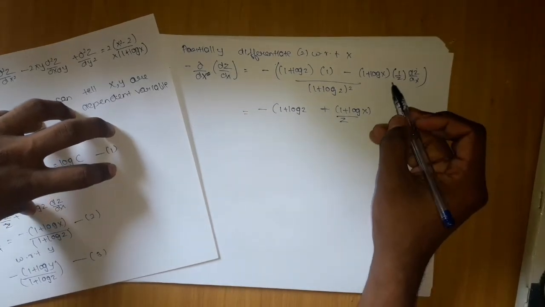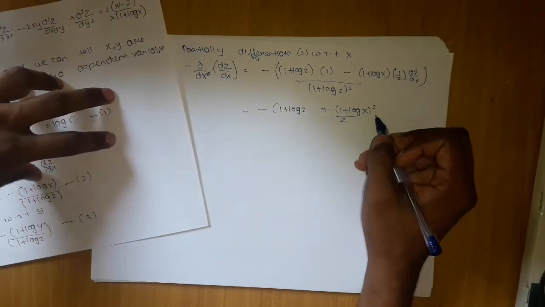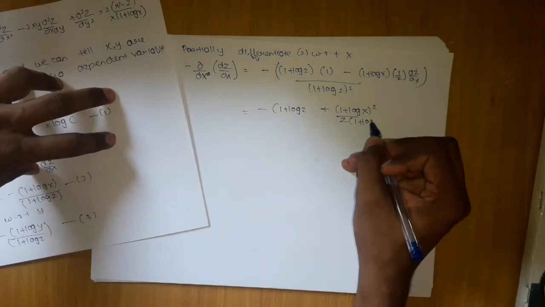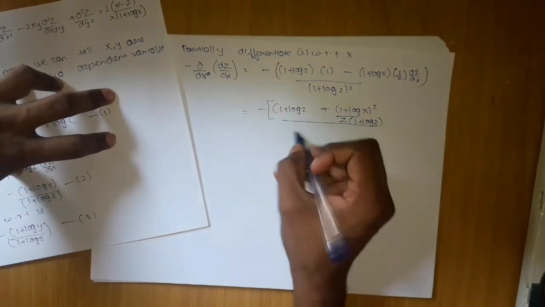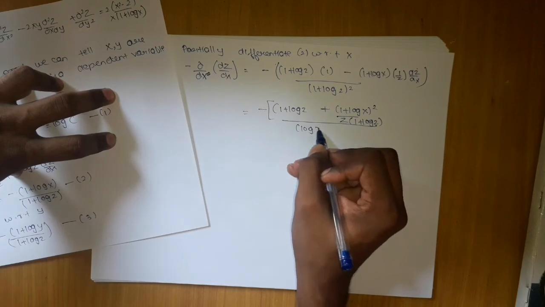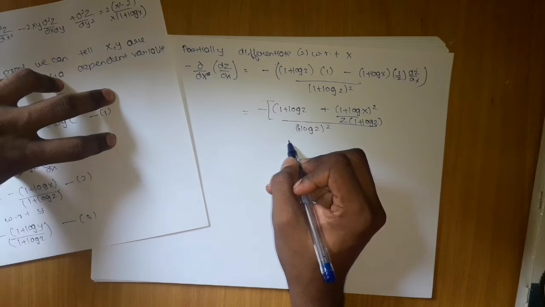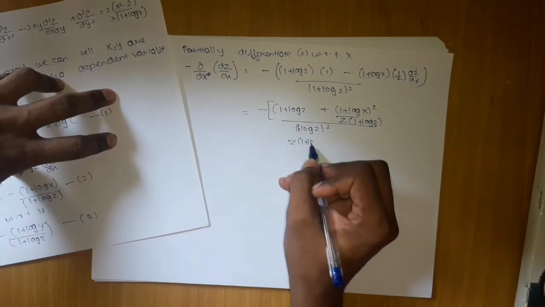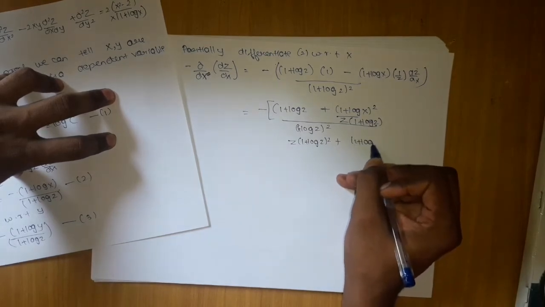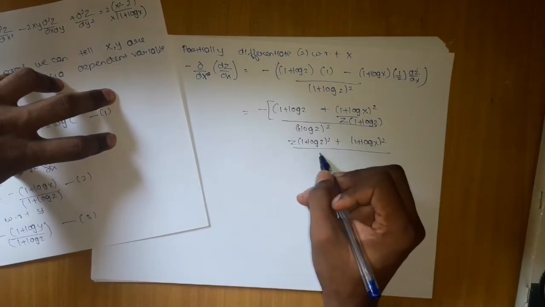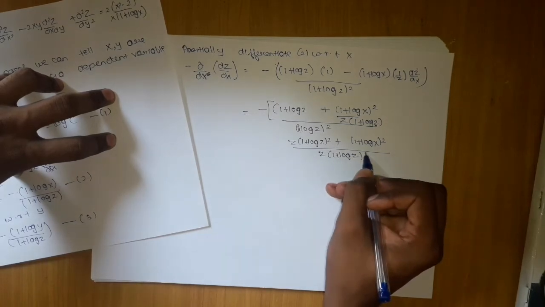Dou z by dou x is nothing but 1 plus log x the whole square into 1 plus log z, which will indirectly give me a hint what I am to do. 1 plus log z the whole square. If I cross multiply, I am going to get z into 1 plus log z the whole square plus 1 plus log x the whole square, which is going to give me z into 1 plus log z the whole cube.